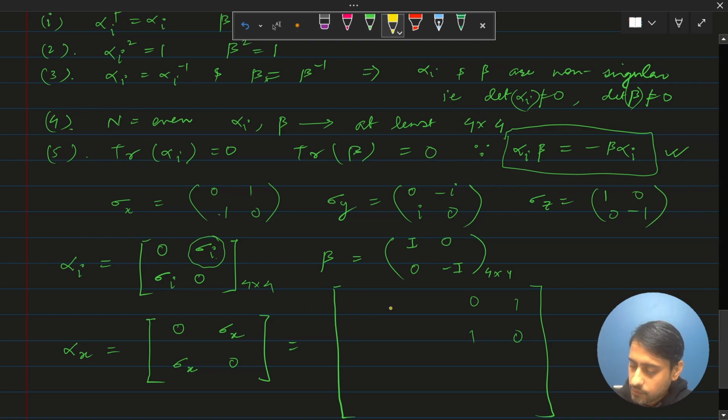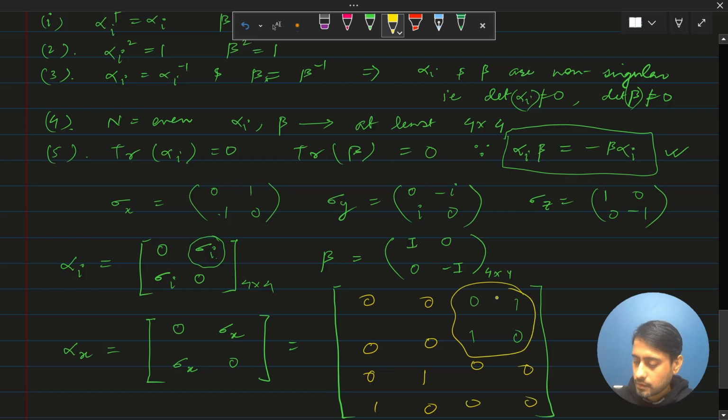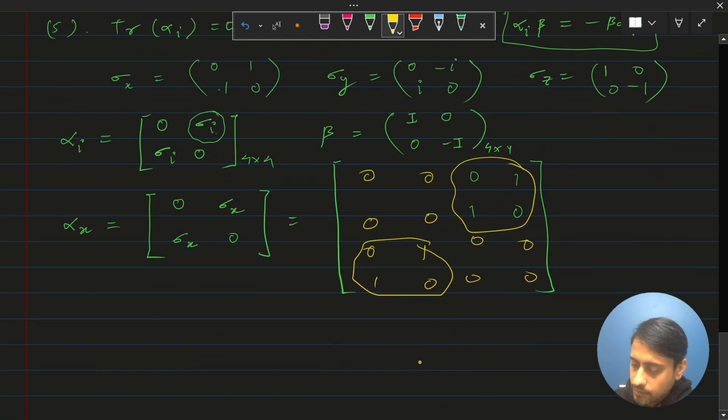So for this 0 we will write these 4 zeros, and then I will write this 0 1 1 0, and then the 4 zeros. So this is sigma x and this is sigma x. So this is alpha x. And similarly we can write, let's write all the terms.